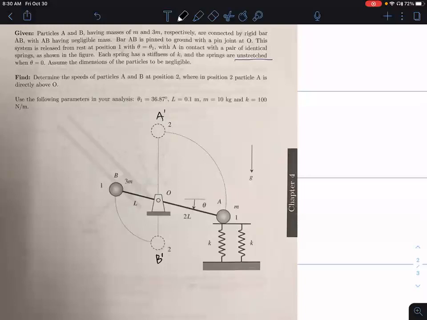So we're going to draw our free body diagram based on position 1. Questions? So is position 1 not at theta equals 0? Okay, let's read this again. At position 1, theta equals theta 1 equals 36.87. So read the problem carefully.